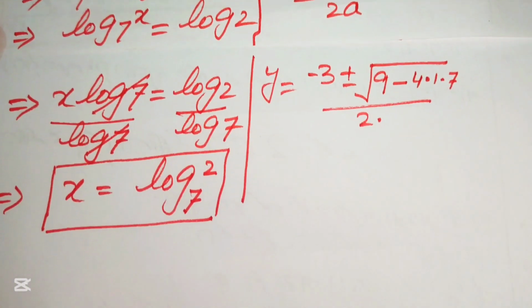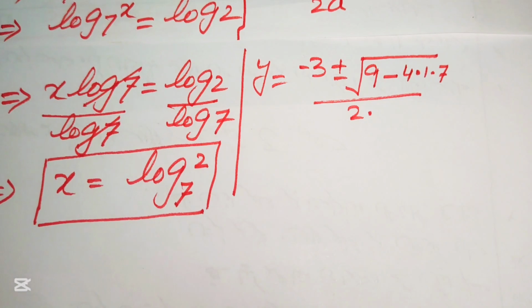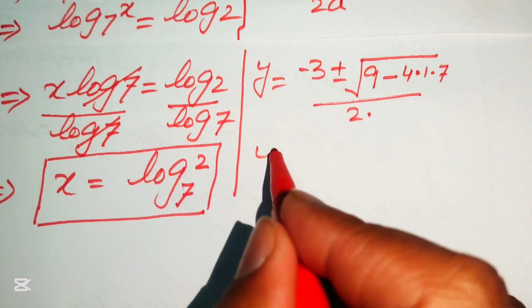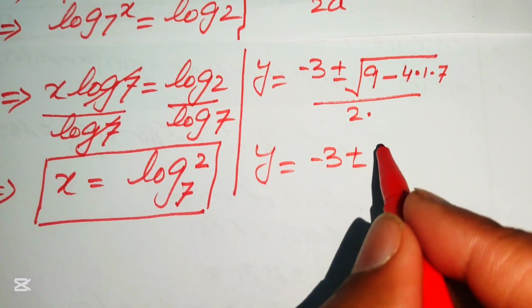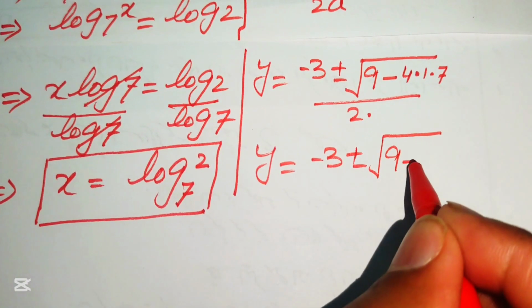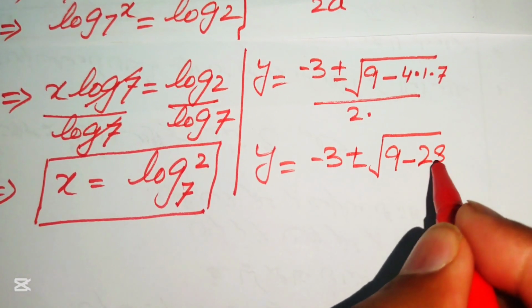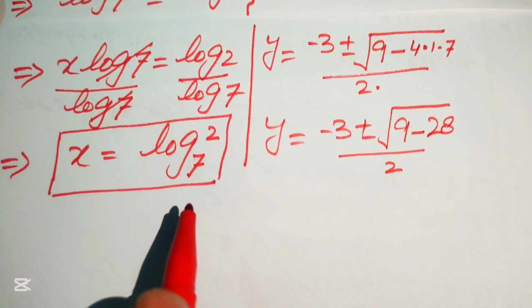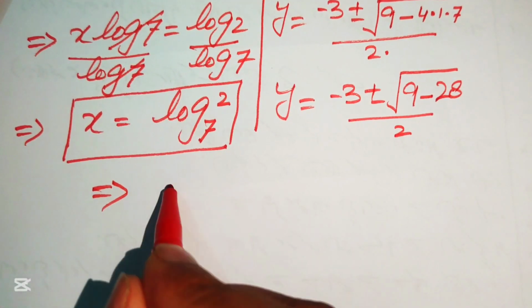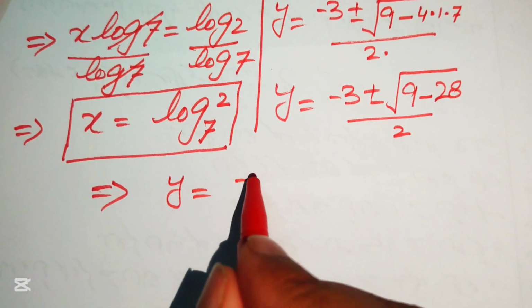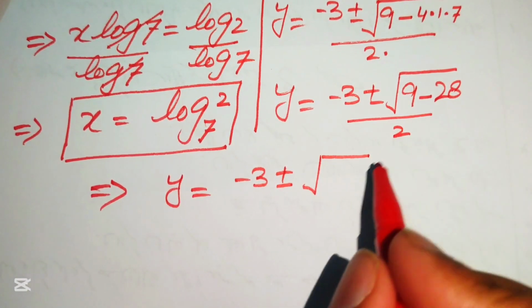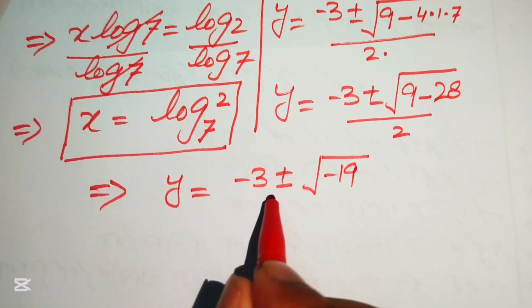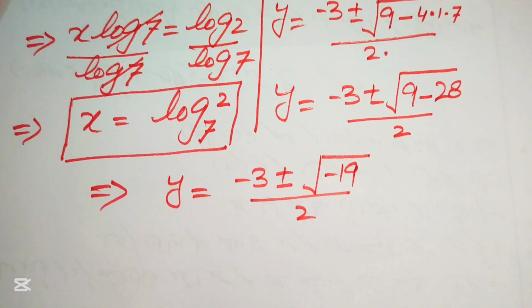In the next step we need more simplification, and we rewrite it as y equals minus 3 plus minus square root of 9 minus 4 sevens are 28, divided by 2. So here we have y equals minus 3 plus minus square root of 9 minus 28 equals minus 19, divided by 2.